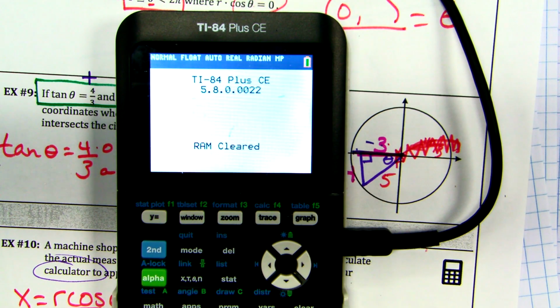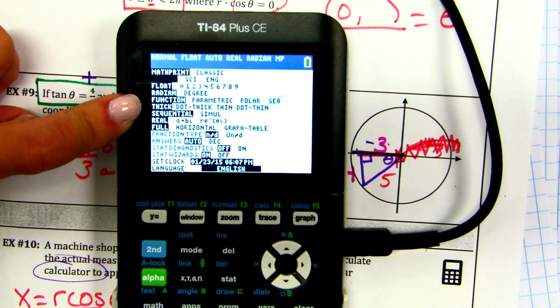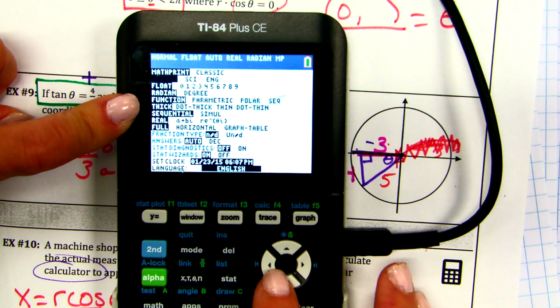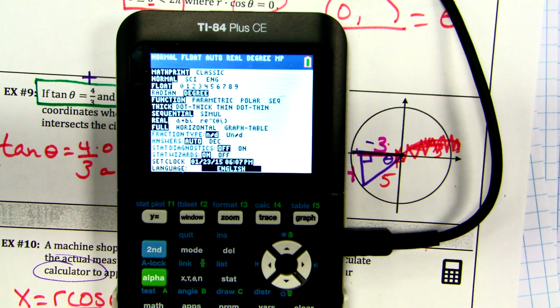So anytime you have to calculate degrees, you literally have to go to the word mode, and if you look down, see how radians is highlighted, arrow down to it, arrow over to degrees, and hit enter. So degrees should be flashing or highlighted. Your calculator is now in degree mode. If you don't do that, your answer will be wrong, okay?